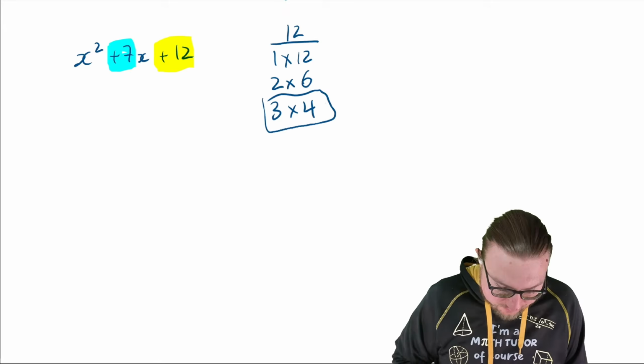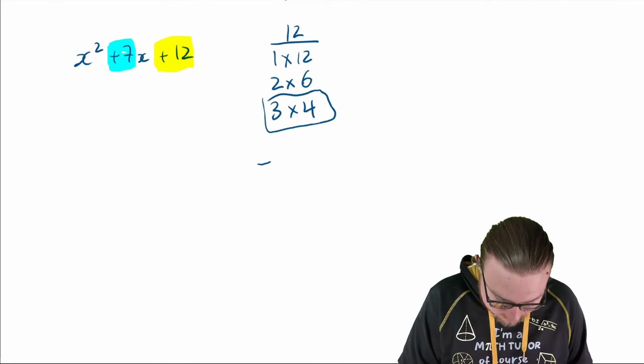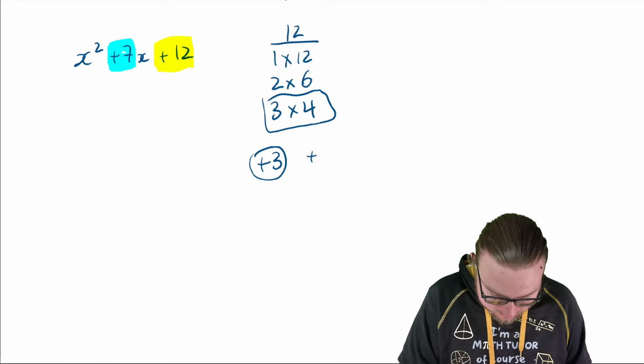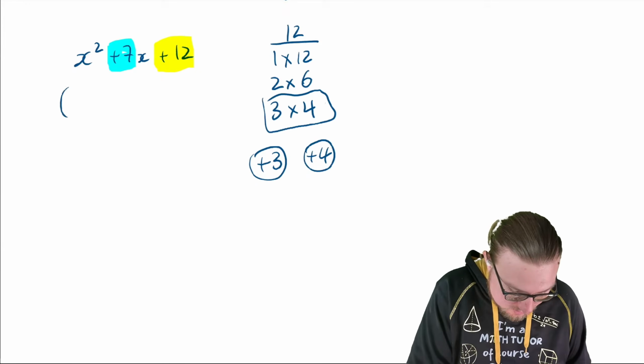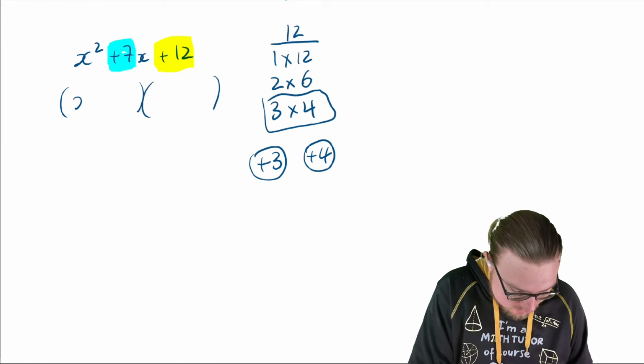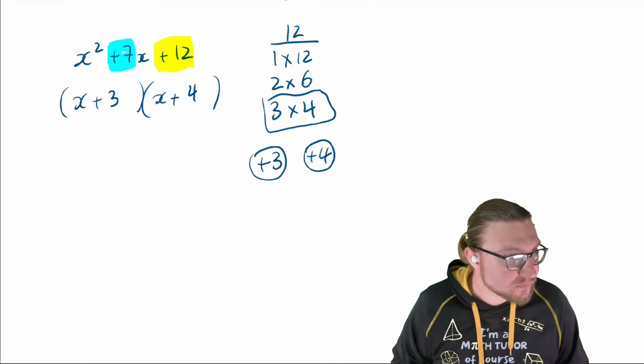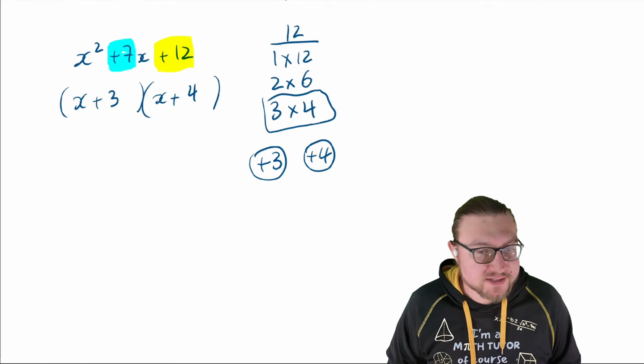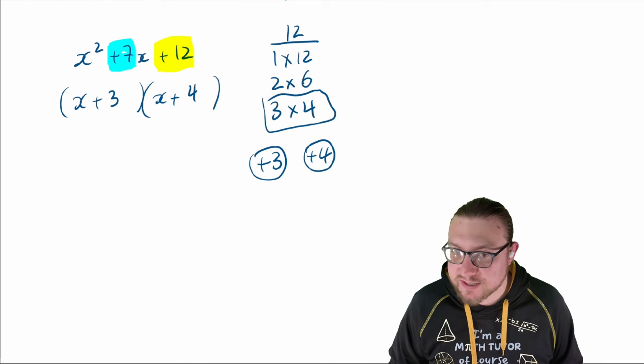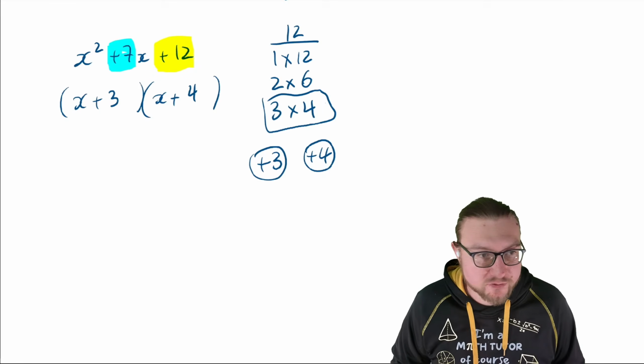Both of them are positive, positive 7 and positive 12. So we get a positive 3 and a positive 4. So we do our two brackets, x plus 3 and x plus 4. Now, hopefully this is very familiar for you guys since you've done this in year 11 as well for your algebra exam.